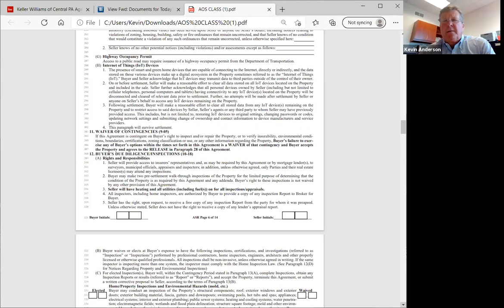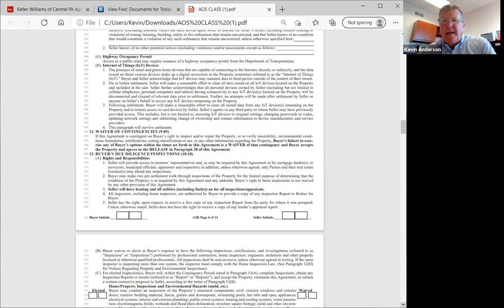Buyer and seller acknowledge that IOT devices may transmit data to third parties outside of the control of their owner. On or before settlement, seller will make a reasonable effort to clear all data stored on all IOT devices located on the property and included in the sale. Interesting.